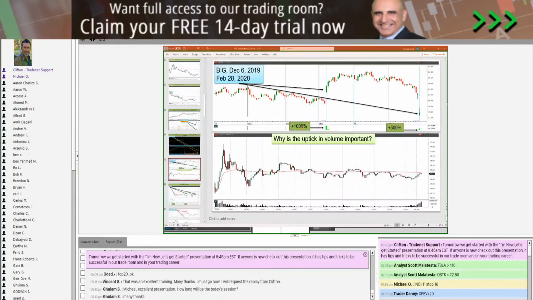Look at the volume on the daily chart between December 6th and February 28th. Guess what? What are those dates? What are the December 6th and February 28th trading dates for BIG?